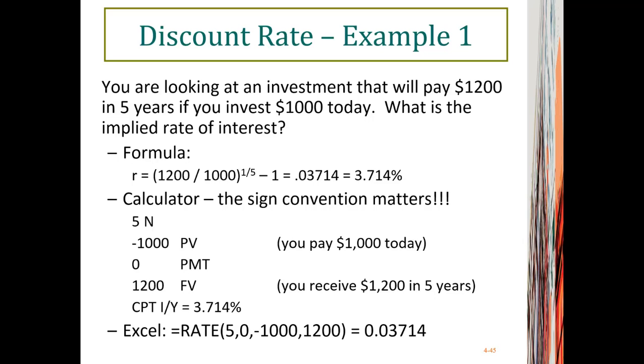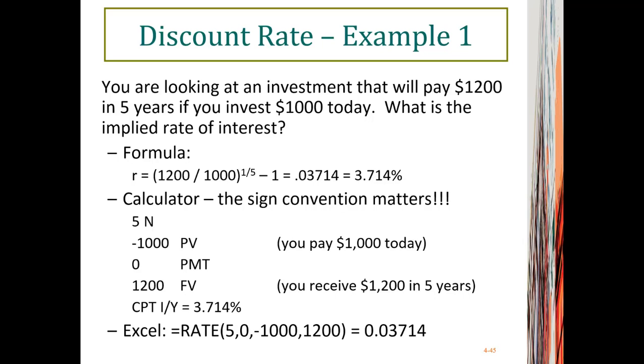When you press compute IY, your calculator will not show you the answer, but Error 5. So what's the problem here? The problem here is your calculator recognizes direction of cash flow. Look, when you invest 1,000 today, the question gives a positive number, but you know that is cash outflow. On your BA2 calculator, you need to put a negative sign on this number.